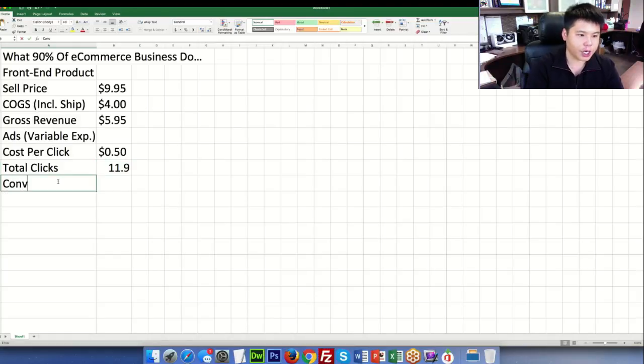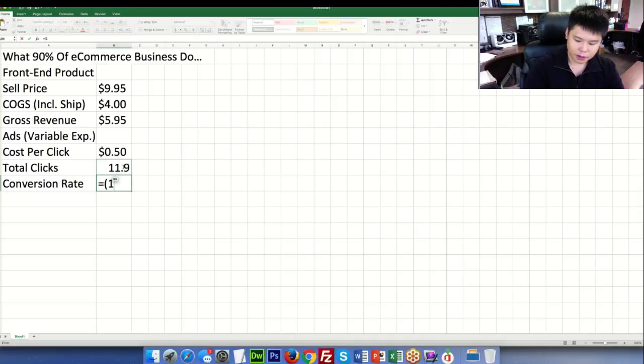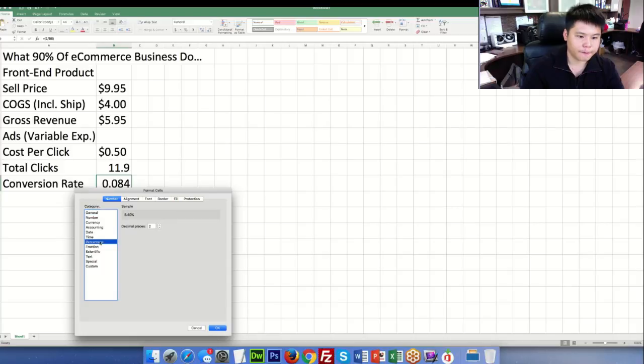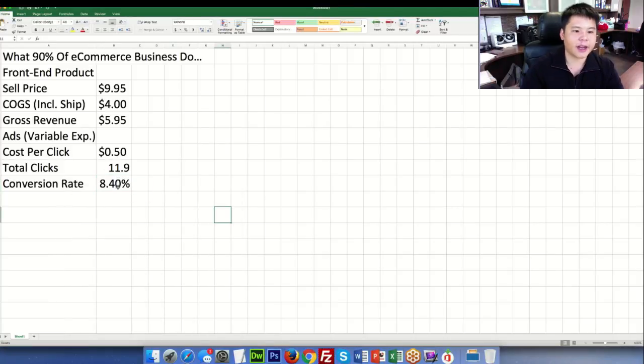Now, the conversion rate from that 12 clicks means that you need to take 1 divided by this, which is equal to, format cell, percentage. All right, so technically your conversion rate needs to be 8.4% in order for you to break even in your ads.